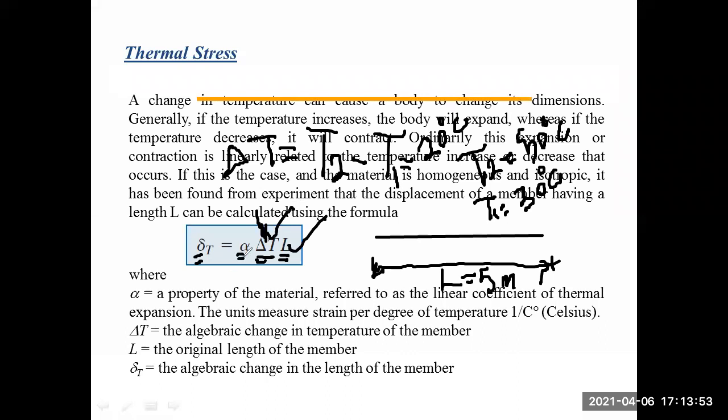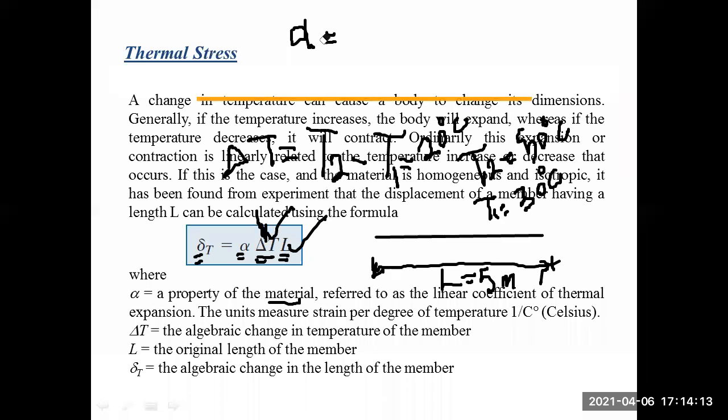What this alpha is about is the material property. This alpha is the property of the material. Alpha is a coefficient. They call it the coefficient of thermal expansion.